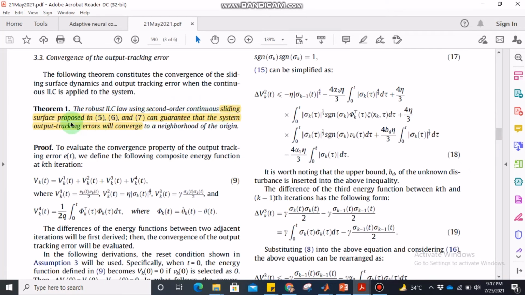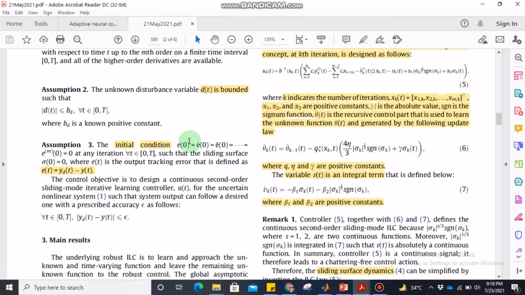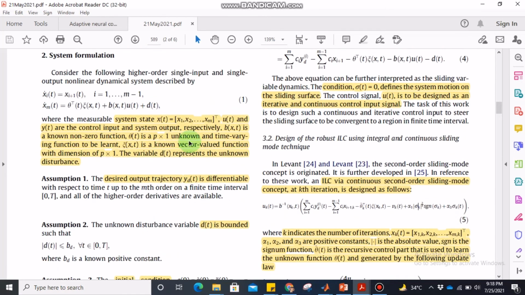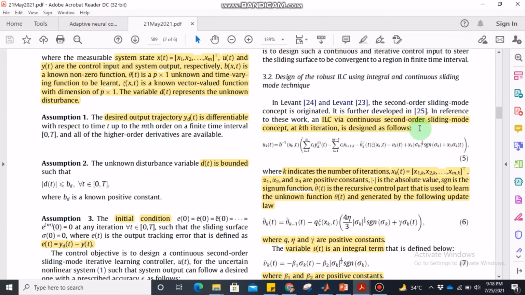So the sliding surface is equations 5, 6 and 7. The second order continuous sliding surface proposed in 5, 6, 7 can guarantee that the system output tracking error will converge. Here the system equation is not referred to, but if you look up in the paper, you can identify which one is the system equation. So again, this is the system equation.